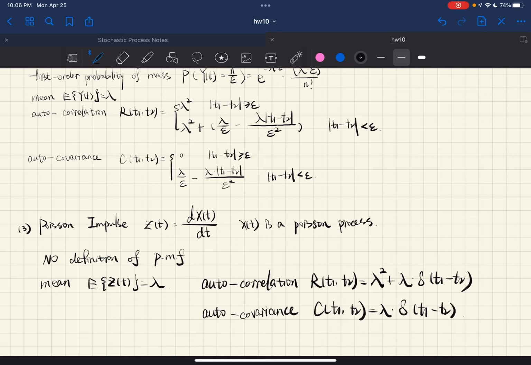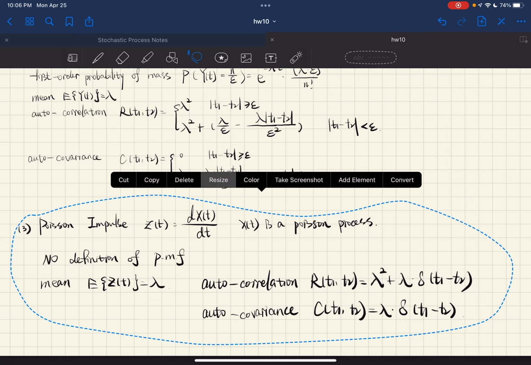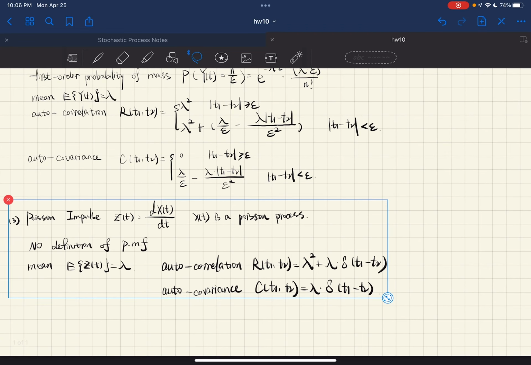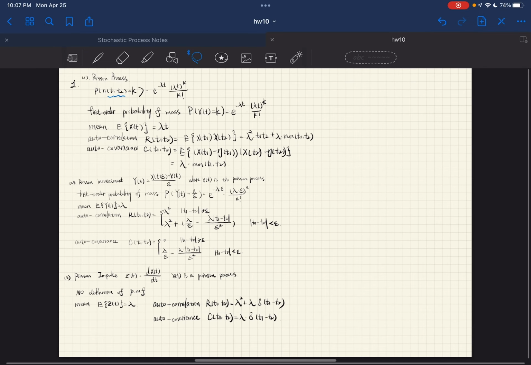This is for the Poisson impulse. So we have the first three derived processes illustrated: the Poisson process, the Poisson increment process, and the Poisson impulse process.